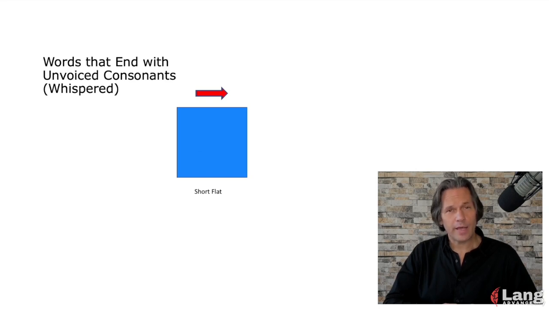Now let's go back to the vowel sound A, and this time, after the short flat tone, we'll cut the sound off with the consonant sound P with the letter P. Listen and repeat. Ape. Eep.